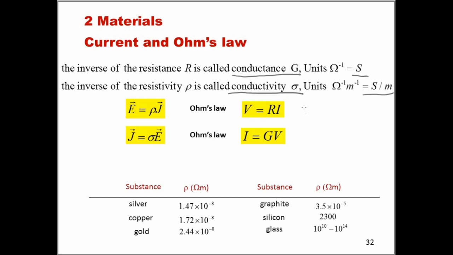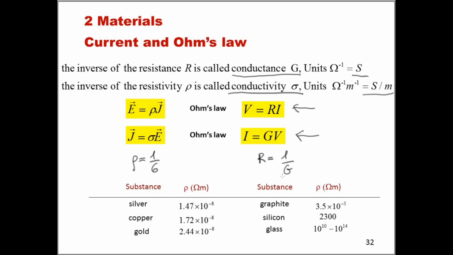Here we can see Ohm's law using the resistance, and here we see Ohm's law using the conductance and also the conductivity. So remember that rho is 1 over sigma and R is 1 over G, or the opposite: G is equal to 1 over R and sigma is equal to 1 over rho.